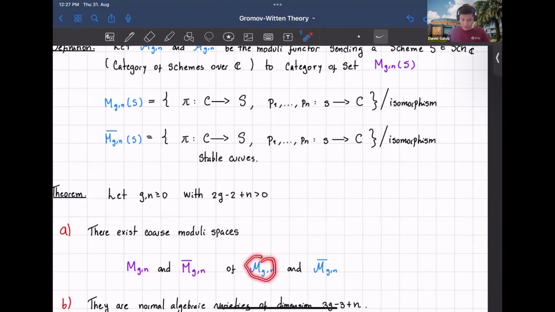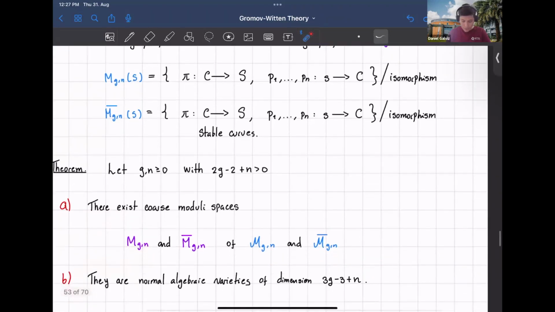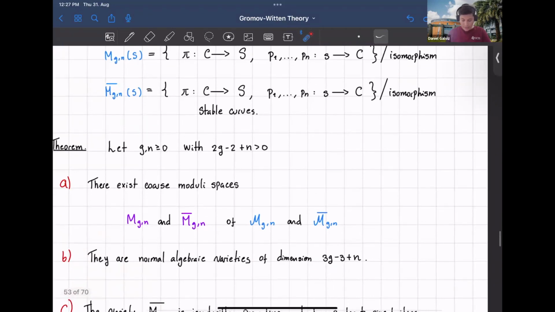So if you have the non-compact one, you will have this moduli space, and if it is compact, you will have the compact case. And the theorem says that these are normal algebraic varieties of dimension 3g minus 3 plus n, and we want this because we want to define the integral. So we want to be able to integrate.